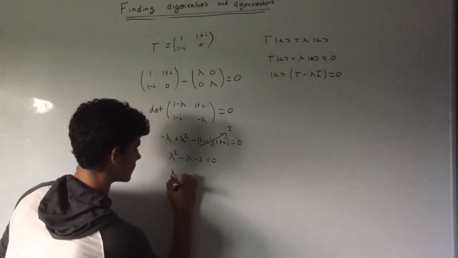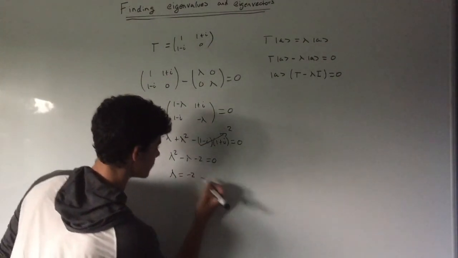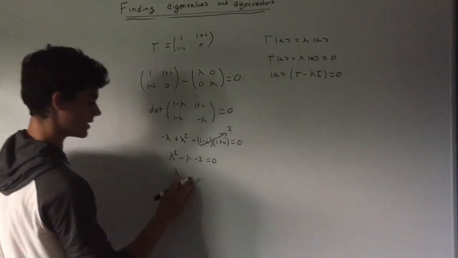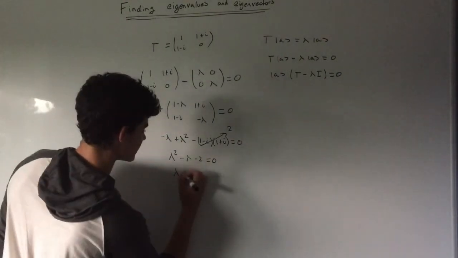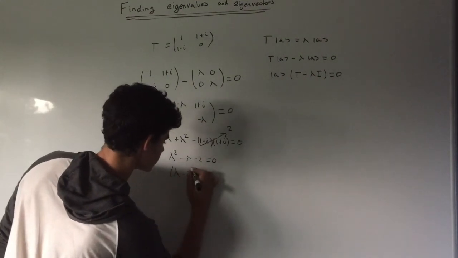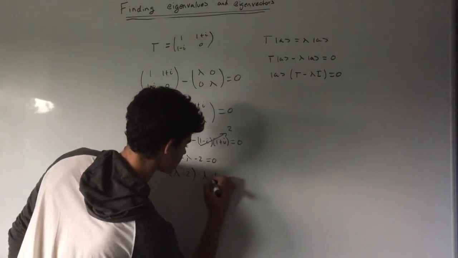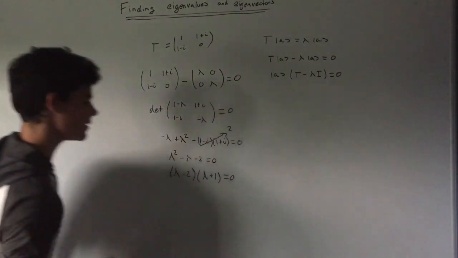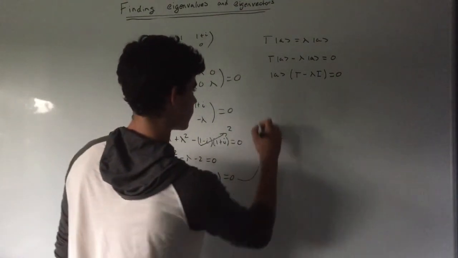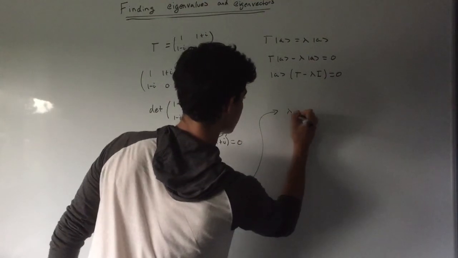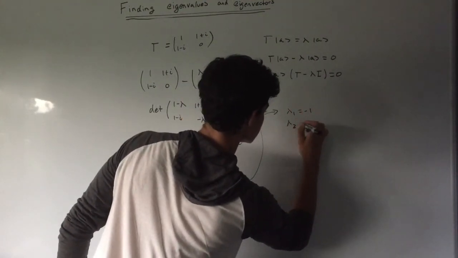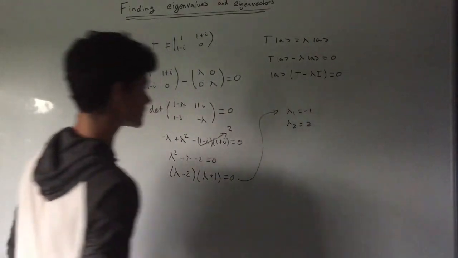So we have lambda is equal to minus 2. Oh, sorry, we should probably work it out, because that was wrong actually. We'll have lambda squared minus lambda minus 2 equals 0. And so we'll have lambda 1 is equal to negative 1, and lambda 2 is equal to 2.